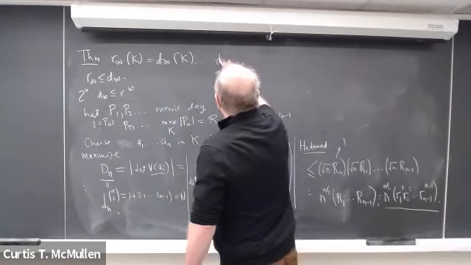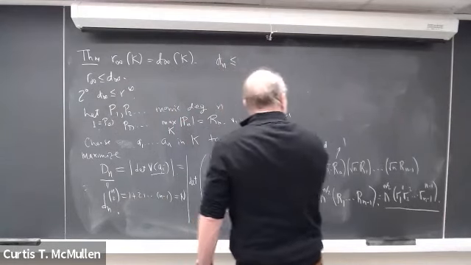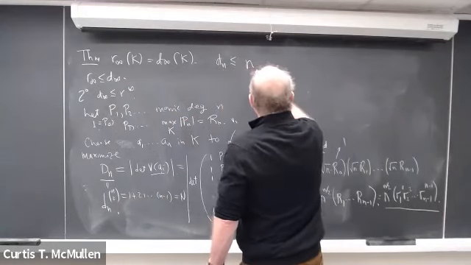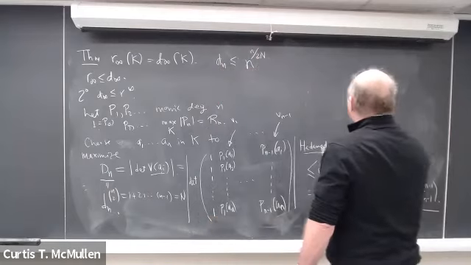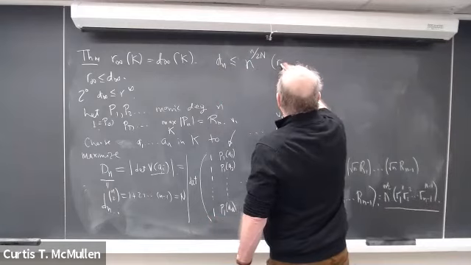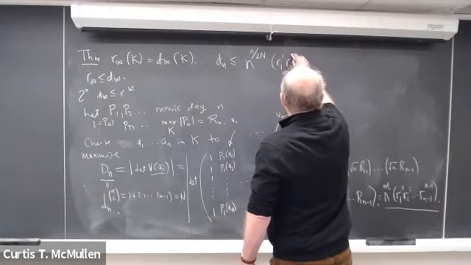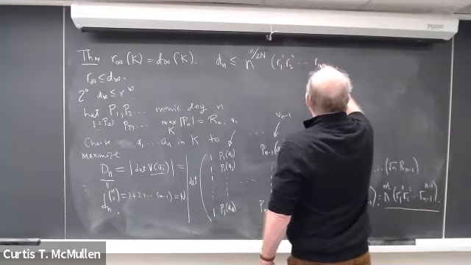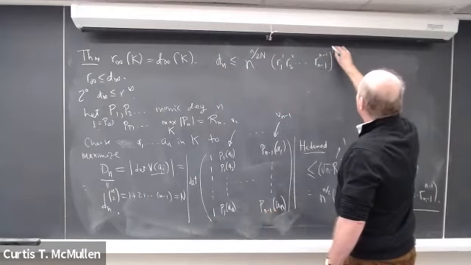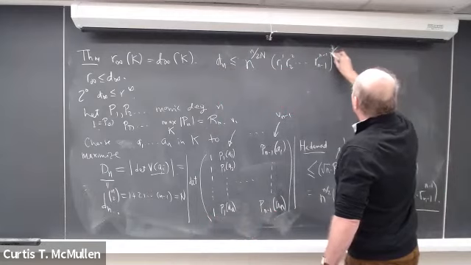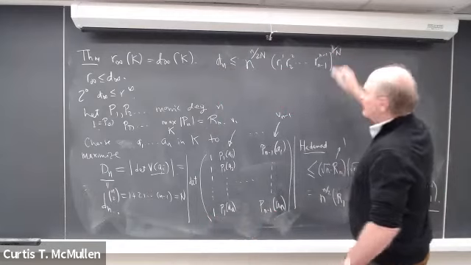So what we get is that little dn is less than or equal to n to the n over 2, to the power 1 over capital N, times r1 to the 1, r2 to the 2, up to rn minus 1 to the n minus 1, raised to the power 1 over capital N, which is the sum of these exponents.